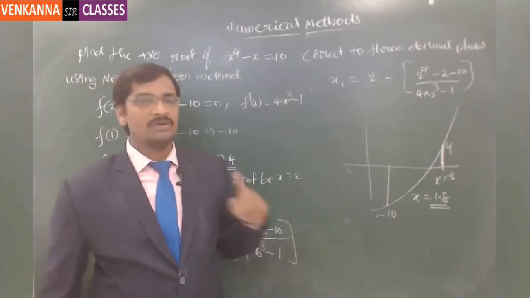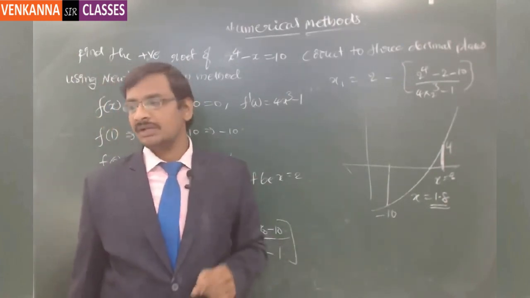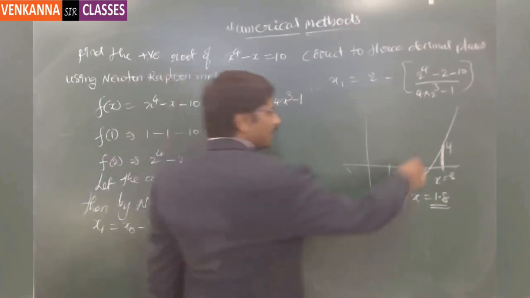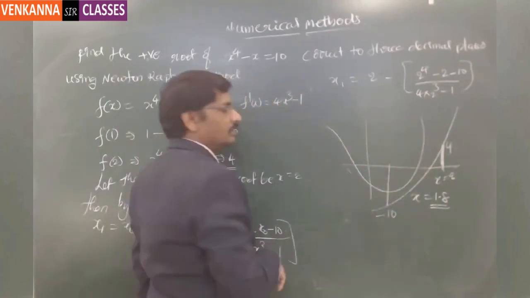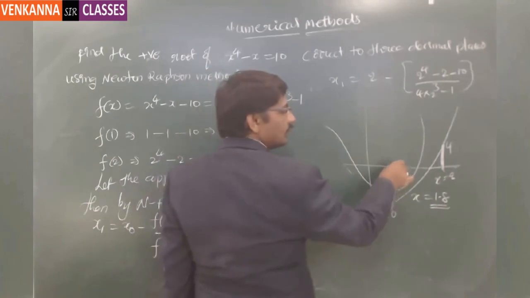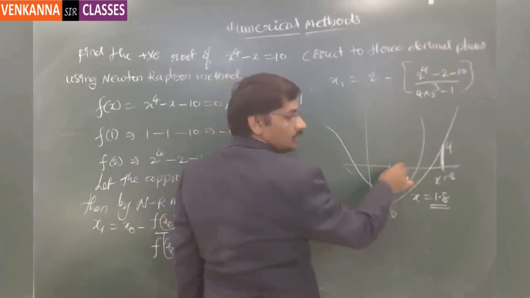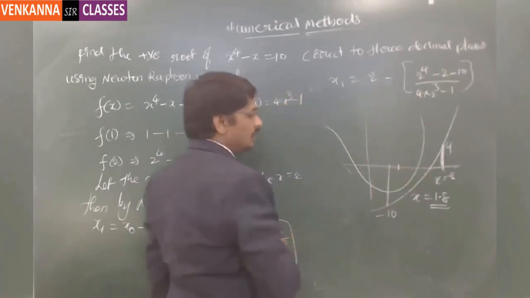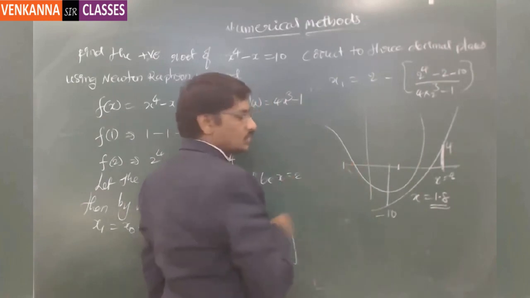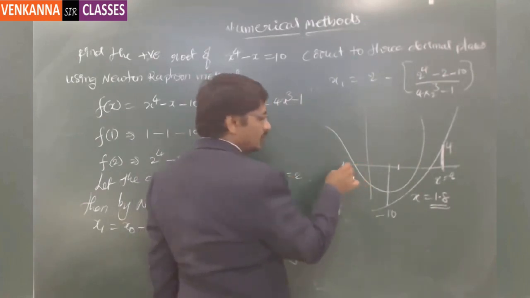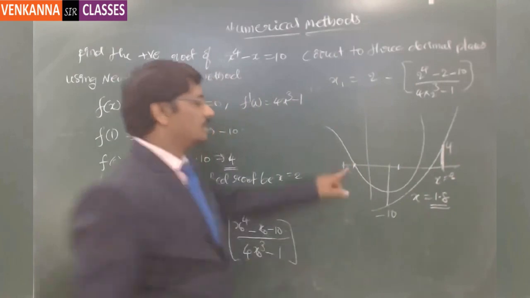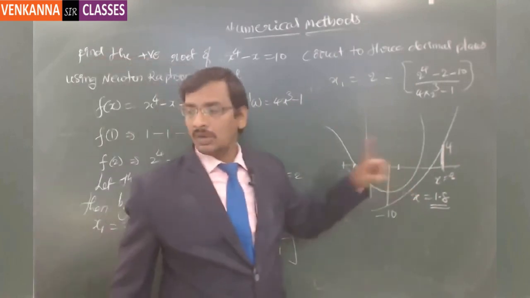Got it? But there is one caution. Suppose this curve is this way, and you are here, then there is a possibility that you can land at this solution. But if you approximate from this point, you might land at this particular solution rather than this one.